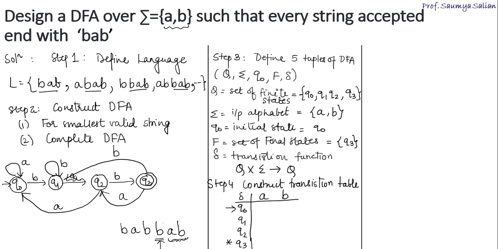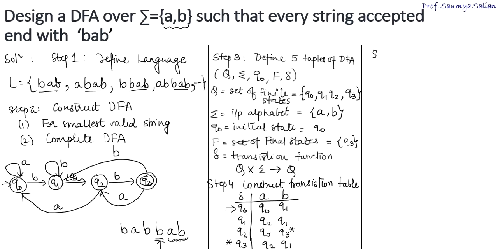Q0 on A goes to Q0, Q0 on B goes to Q1, Q1 on A goes to Q2, Q1 on B goes to Q1, Q2 on A goes to Q0, Q2 on B goes to Q3, Q3 on A goes to Q2 and Q3 on B goes to Q1.